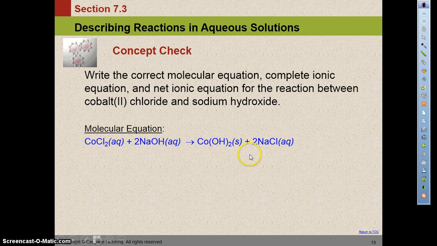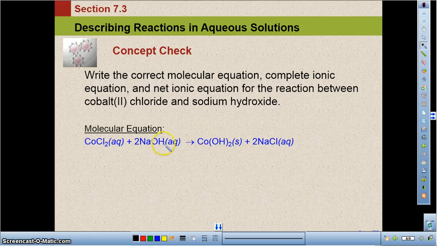The next step is to write out the complete ionic equation, and I'm going to do that for you now. What we're going to do is split apart anything that's aqueous. So this is aqueous. We're going to split it into its ions. We have cobalt +2, and it's aqueous, plus 2 Cl-, and it's aqueous.